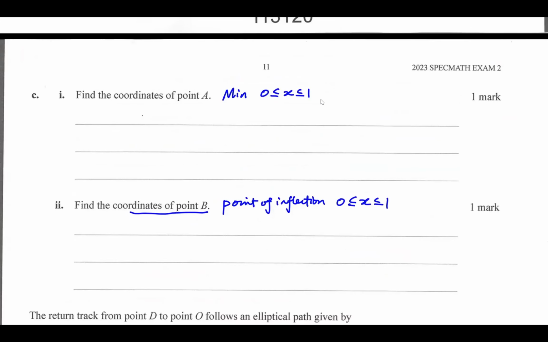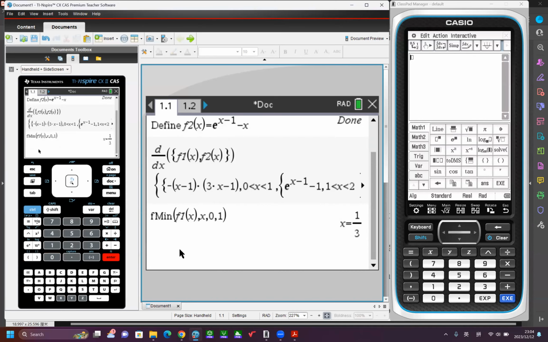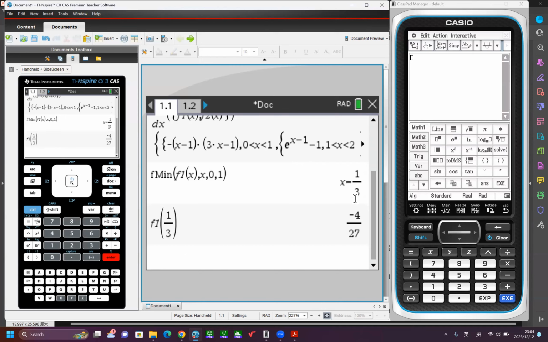Both points are on y equals f1 of x. So let's do this. So 1/3 minus 4 over 27, that's the local minimum, okay?